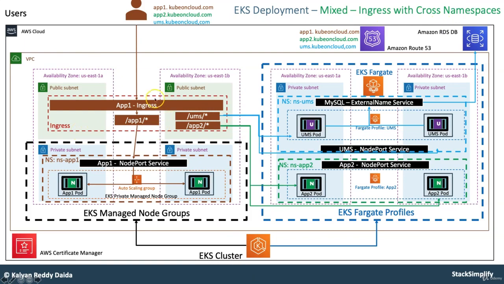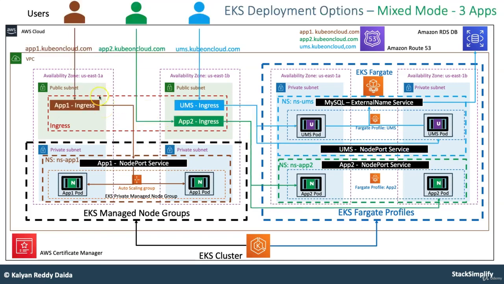If you go back to the previous picture, even though we are not specifying it in the picture, the app1 ingress will be part of the app1 namespace, the UMS ingress will be part of the UMS namespace, and the app2 ingress will be part of the app2 namespace.